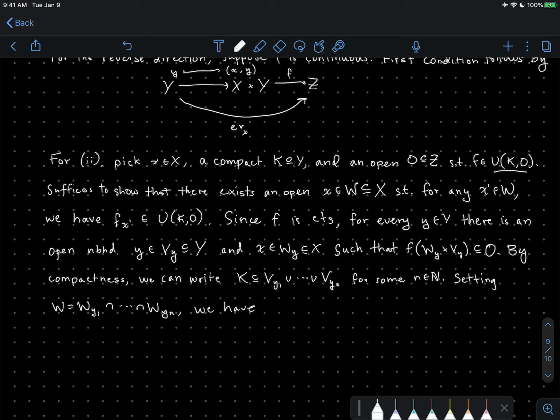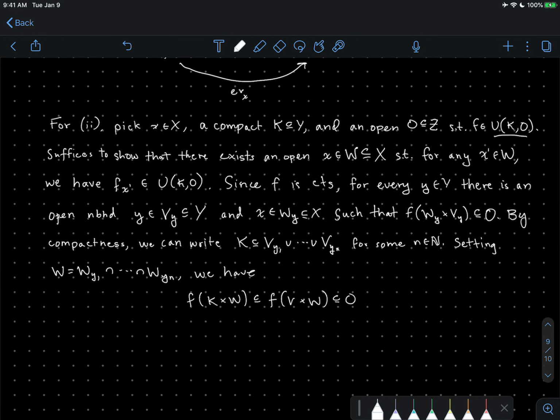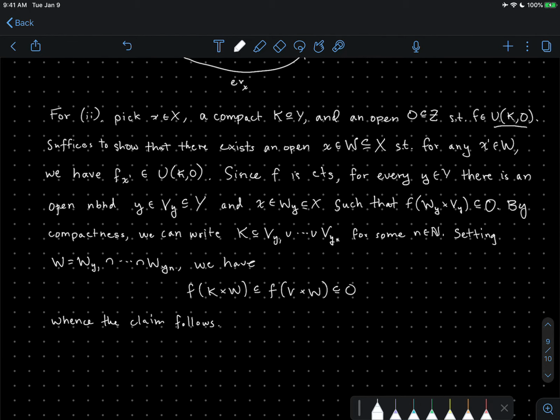We have that f of K cross W is a subset of f of V cross W, a subset of O, whence the claim follows. All right, so that's that proof.